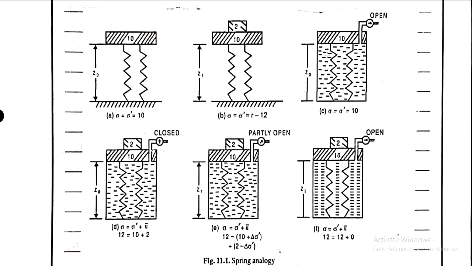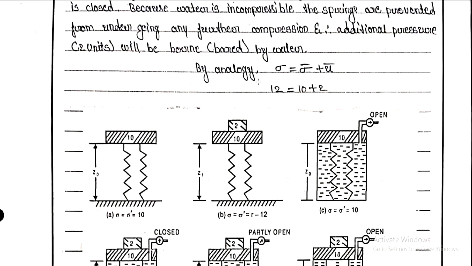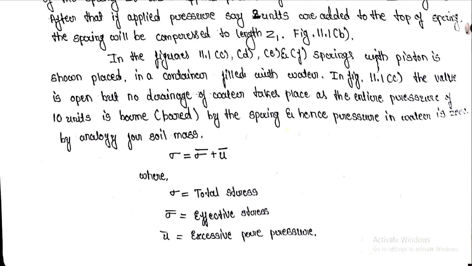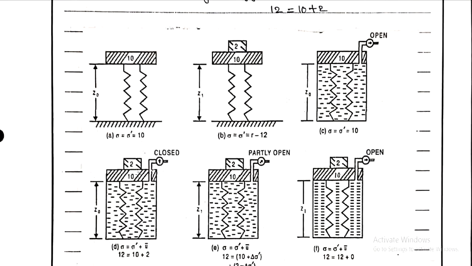It is the capacity of the spring. Even though the outlet valve is open, when we apply only 10 units of load, these springs will not get compressed. Only when we add an additional 2 units of load on top of this 10 are the springs going to get compressed.